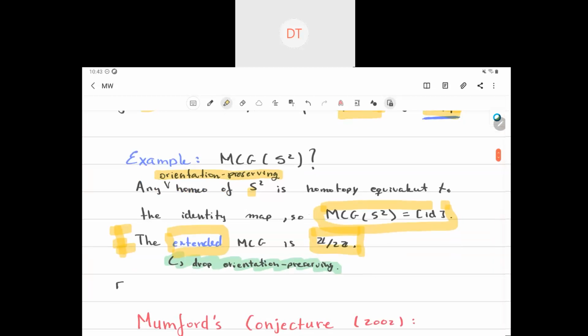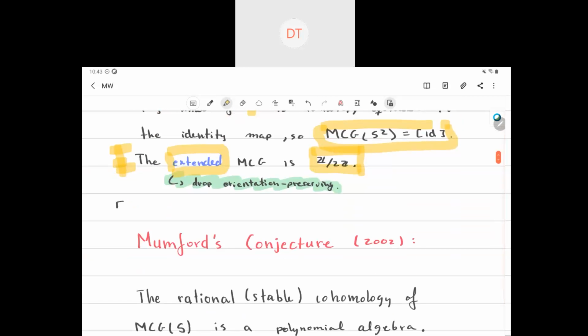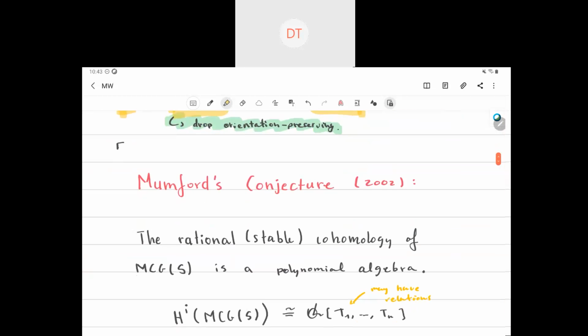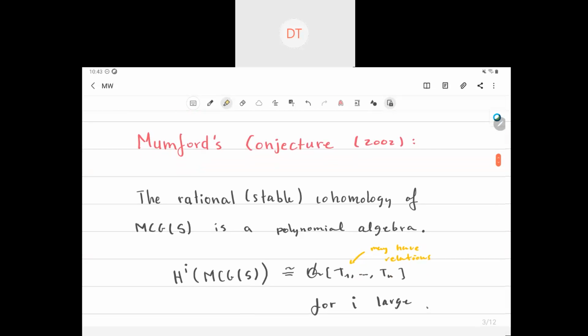All right. So now that we have an idea of what the mapping class group is, we can head towards answering the second question. Remember, the second question was, what in the world is this infinite loop space that we have on the right-hand side of the theorem? First, part of the motivation for the theorem in general was this conjecture by Mumford.